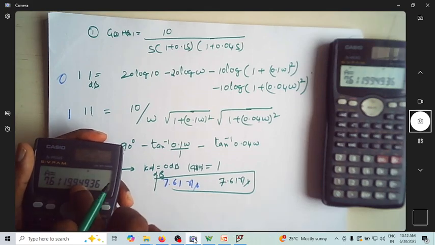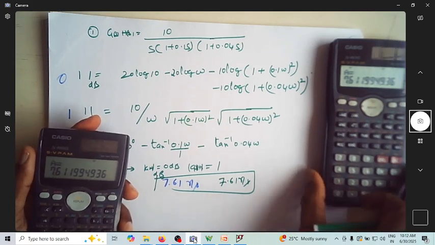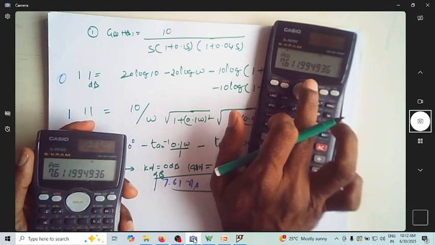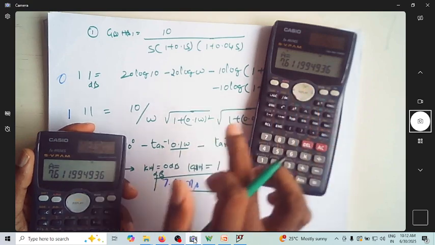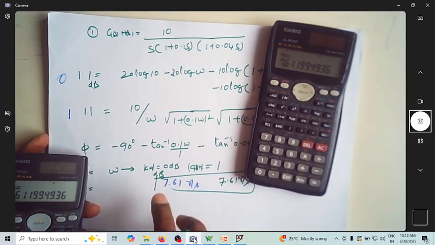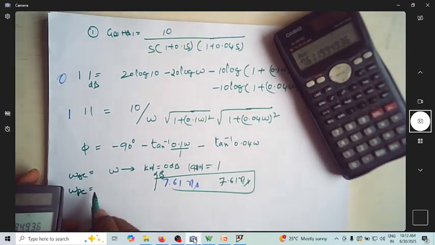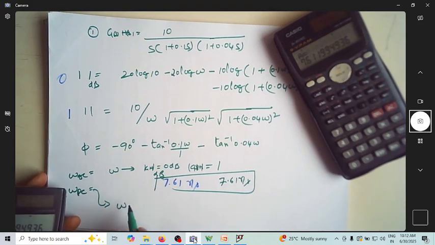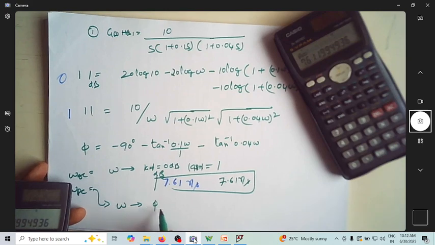So which is 7.61. I will retain this magnitude equation in dBs as it is. Let me come out here and try to feed this equation, find omega PC. It is that omega where the phase becomes minus 180 degree.